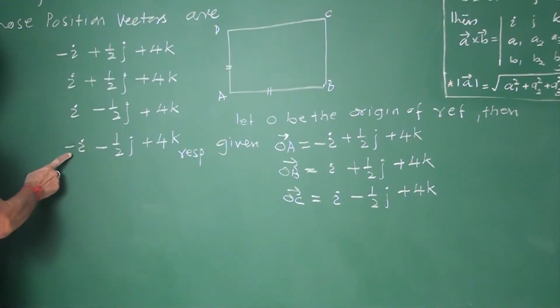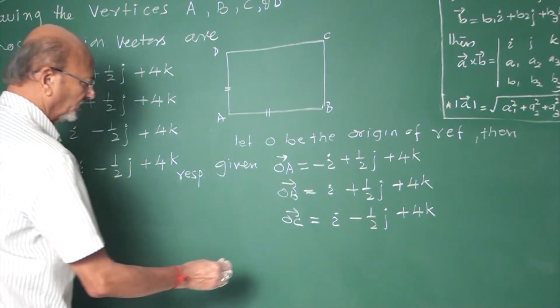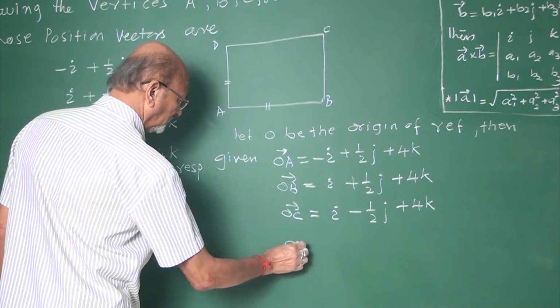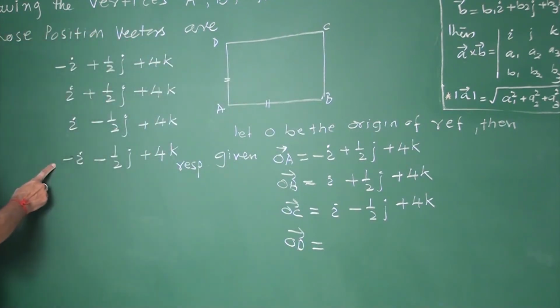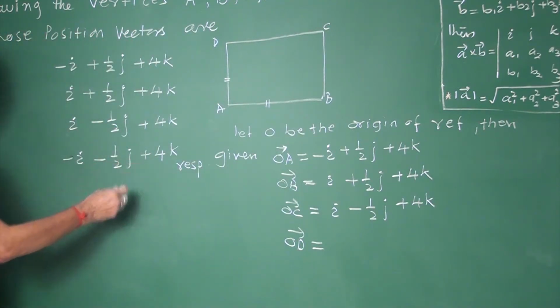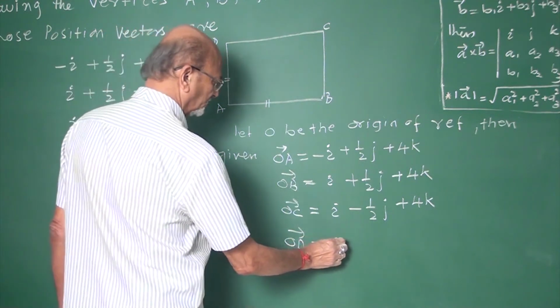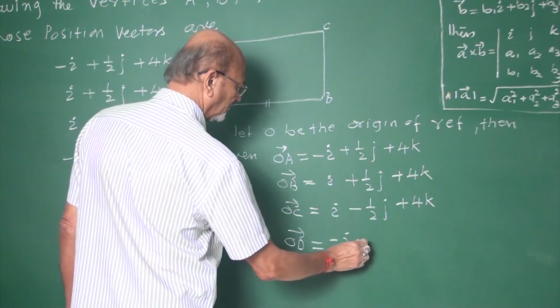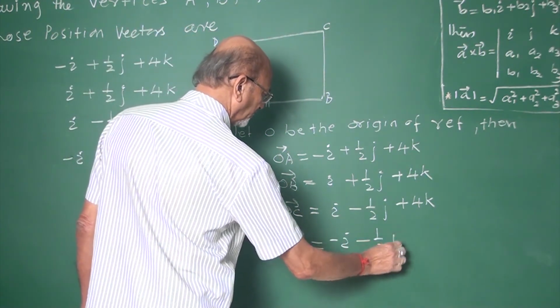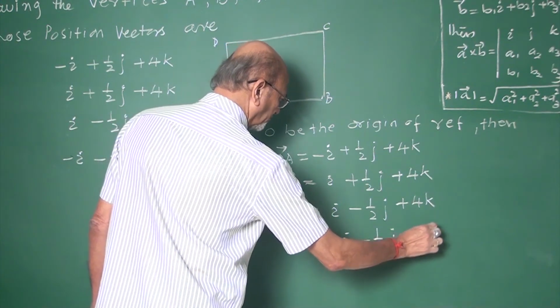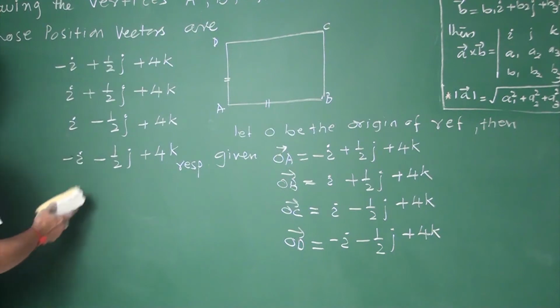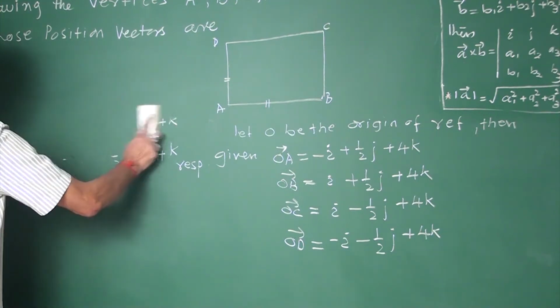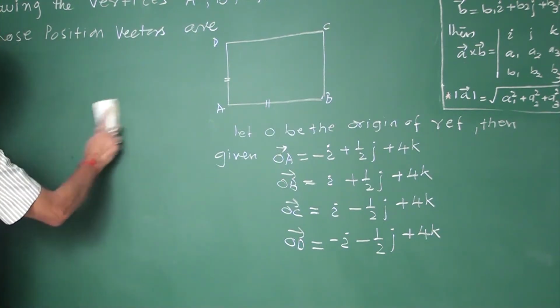And OD, the fourth one, is minus i minus half j plus 4k. My friends, this is the figure. Then you have to find the two adjacent sides.